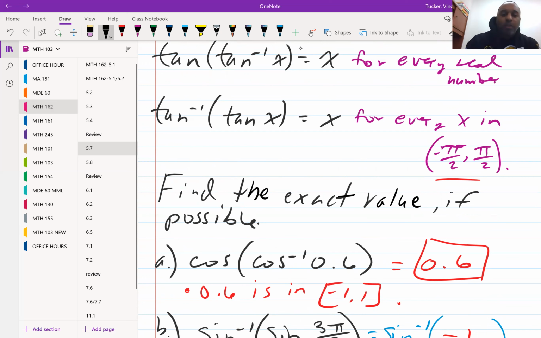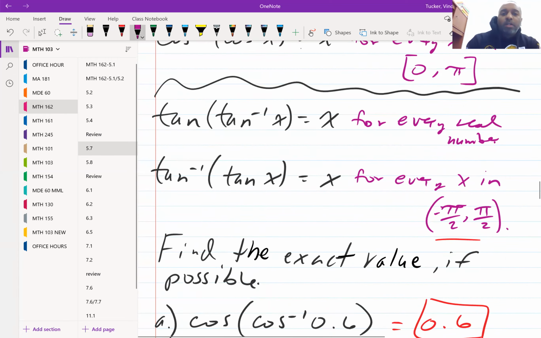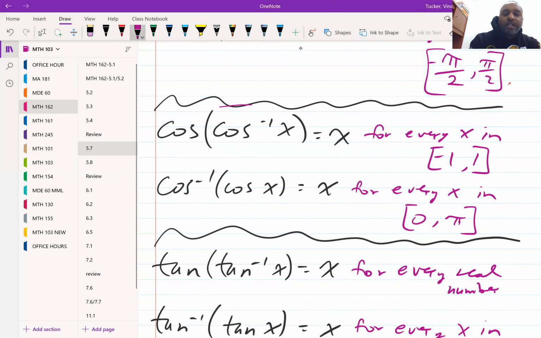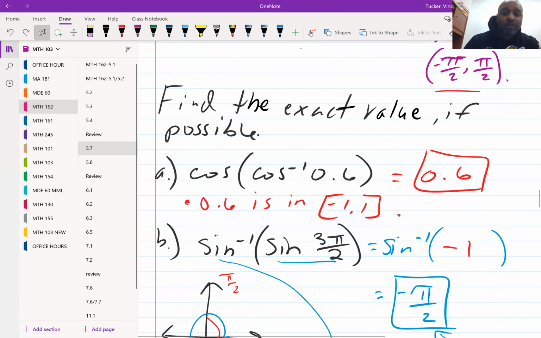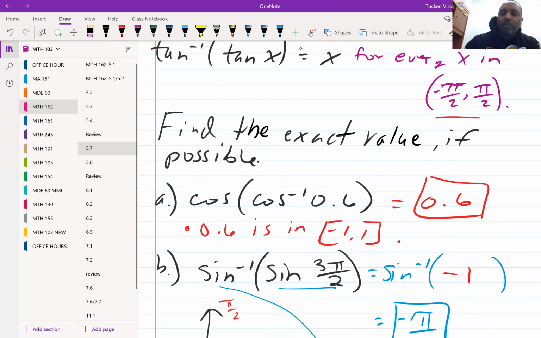So now going back to what we just set up, cosine is being applied to cosine inverse. So if x is between negative 1 and 1, then our answer will just be whatever it's being applied to by the cosine. In other words, our cosines will cancel. So that's why our answer is just 0.6. So the cosine and cosine inverse cancel, leaving us with just what our x was, which was that 0.6.